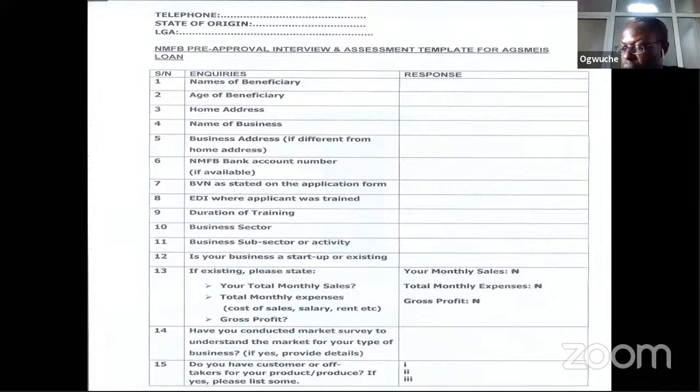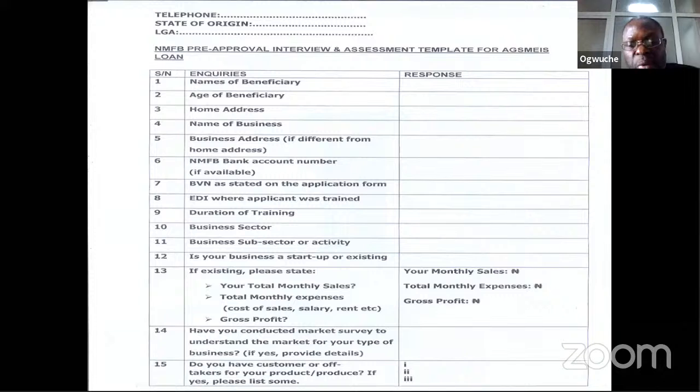You calculate it, and you should be able to tell us how much you sell in a month. 10 crates by 800 naira is 8,000 naira monthly sales. If it's beds and you're able to sell 10 beds in a month, and you sell a bed for 1,000 naira, then you'll be able to tell us that you sell 10,000 naira per month.